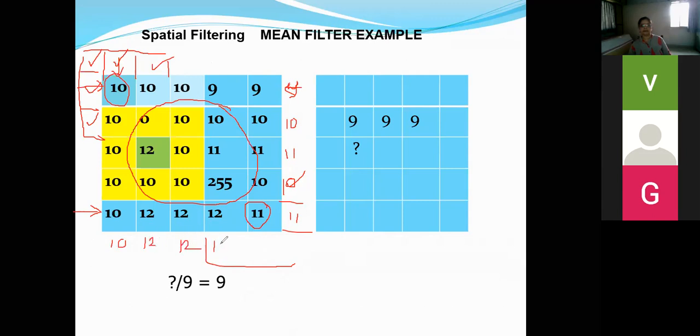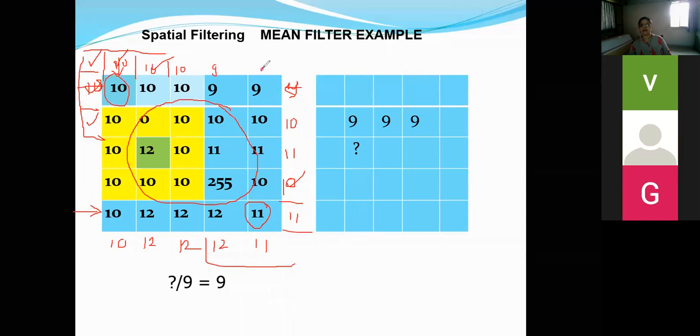So that we can determine new values of these border pixels. Similarly, here we can repeat this row as 10, 10, 10, 10, 10. And similarly, before the very first row, we can assume the same first row is present, and we can repeat these values here, that is 10, 10, 10, 9, 9.